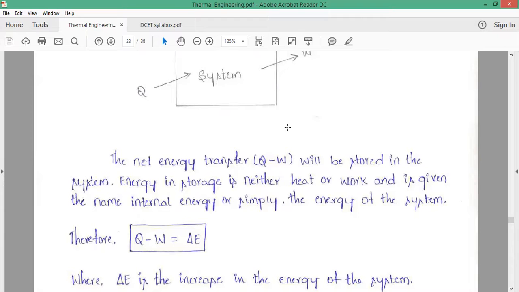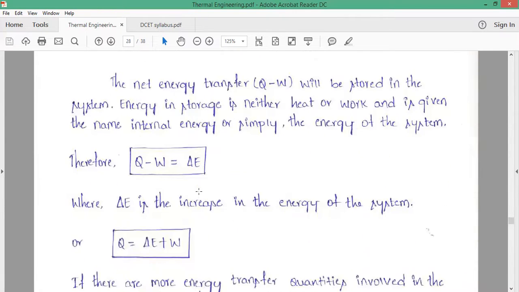Suppose if I supply 50 kilojoules of heat to the system, and if it performs 20 kilojoules of work on its surroundings, then the remaining 50 minus 20, that is 30 kilojoules of energy, is going to be stored within the system. That stored energy is neither a heat quantity nor a work quantity, but it's also an energy that is given the name internal energy or energy of the system.